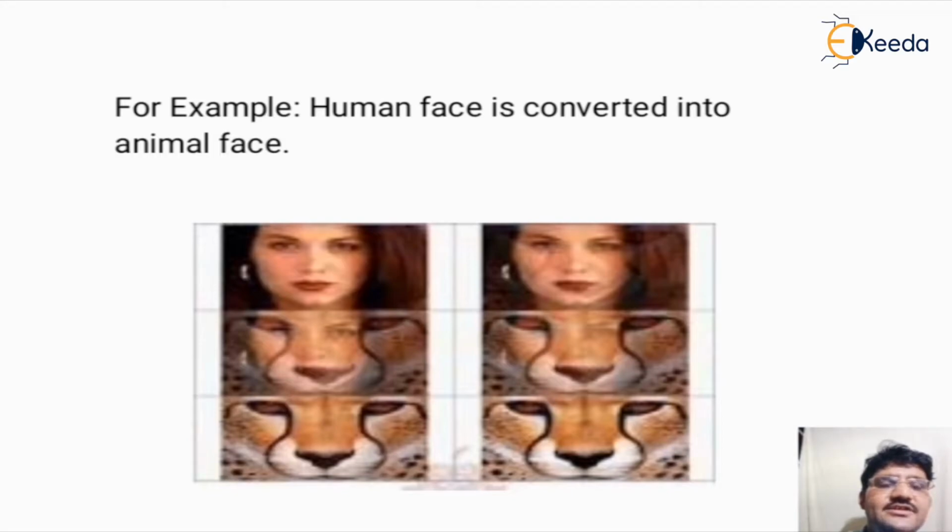Here we can see a morphing effect. Here there are two objects. One is human; we are taking a lady's face, and the second object is a tiger as an animal face. So here we are converting a human face into an animal face.